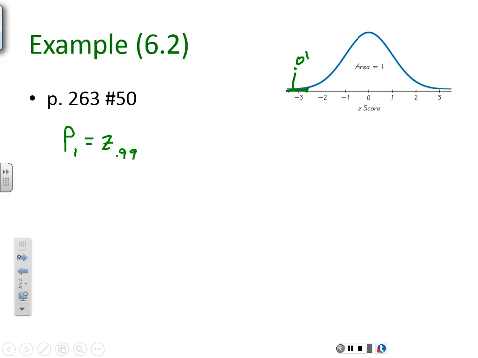Only off by 1 10,000th versus 2 10,000ths. And so we're going to go with that 0.0099 as being the closest value. And so we're going to end up using the negative 2.3, and then our value appears the 3. So negative 2.33.